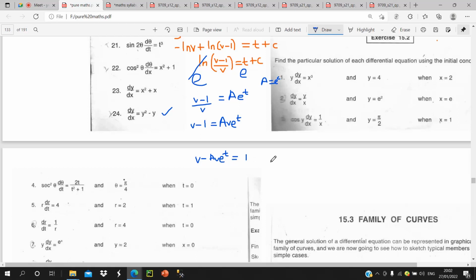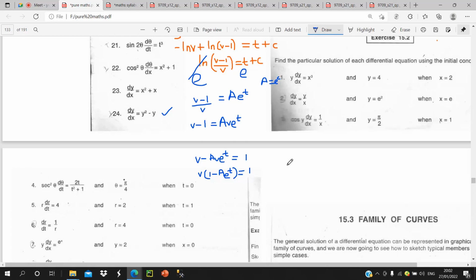Then we want v. What do we do next? That's our v. We factor out v. Then we have 1 minus a e to the power of t is equal to 1, right? Yes.